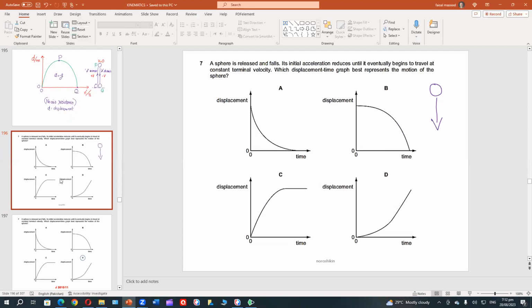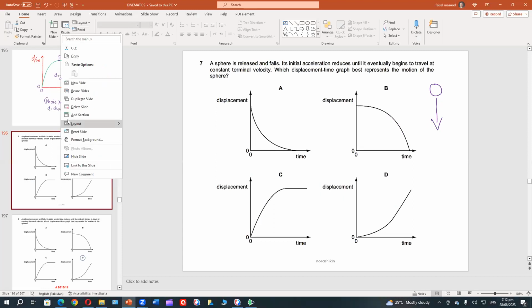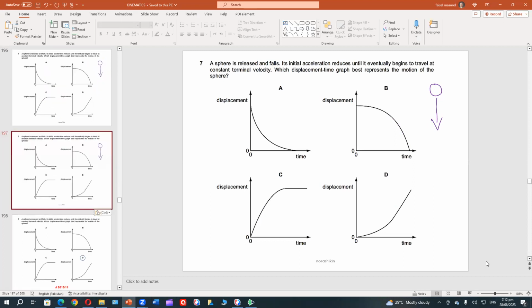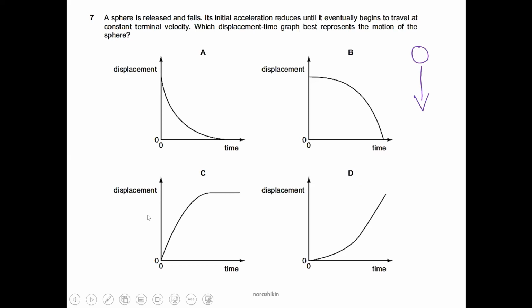This is a very important point to understand: whenever you deal with a question like this, you should technically look at all options. A-level MCQs are very tricky. So if I go for this option, it means displacement decreases to zero.